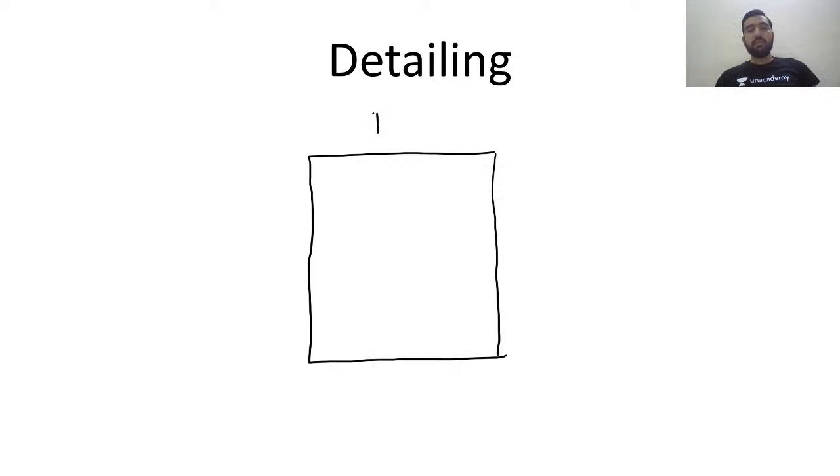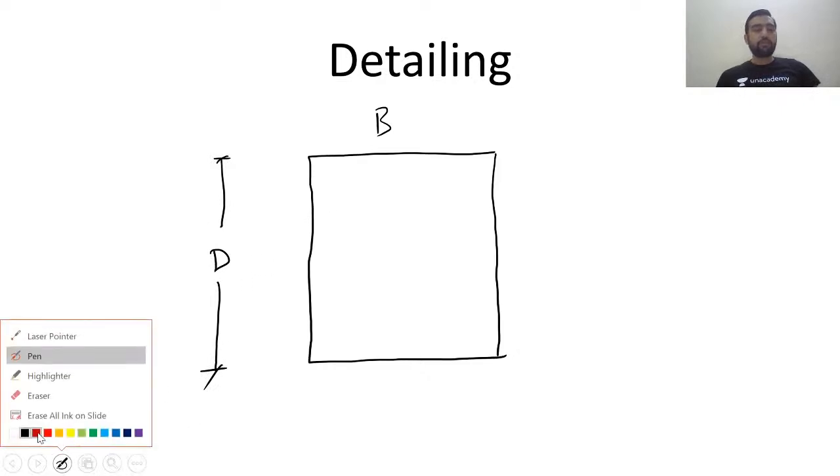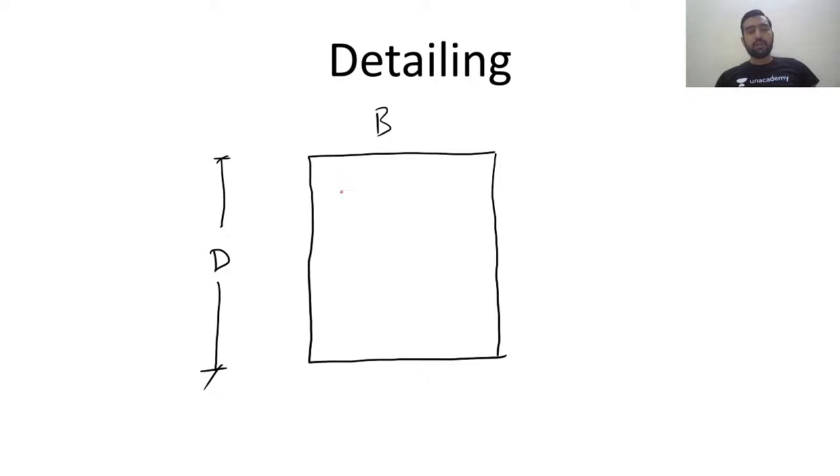So it is B, overall B, and it is overall D. There are several compression reinforcement, let's say this, and there are several tension reinforcement, let's say this, 1, 2, 3, let's say 4.